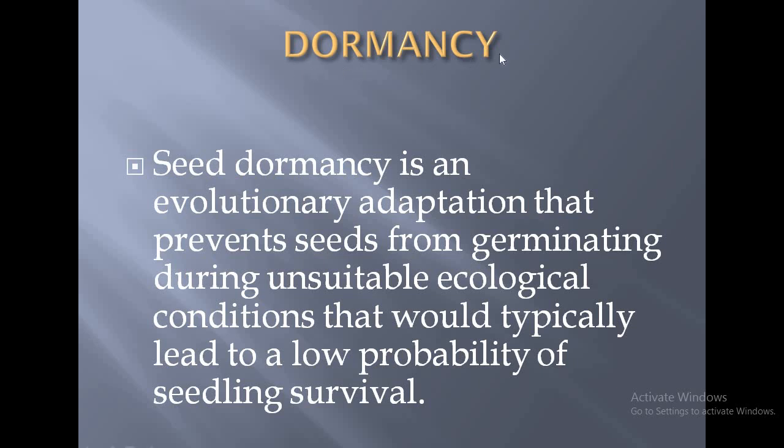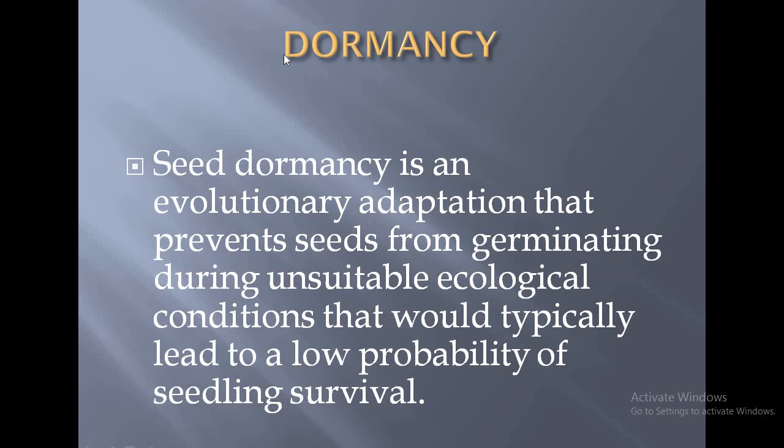Certain seeds have a very short period of dormancy, whereas certain seeds have a very long period of dormancy, maybe ranging up to 100 years. So the pea is available in the market right now. If you eat that pea, and the same pea, if you sow it into the soil, will it germinate? No. Why will it not germinate? Because that pea has not crossed the period of dormancy.